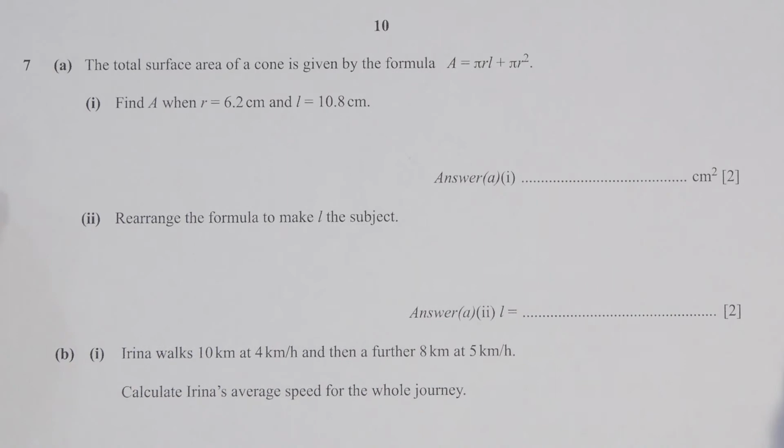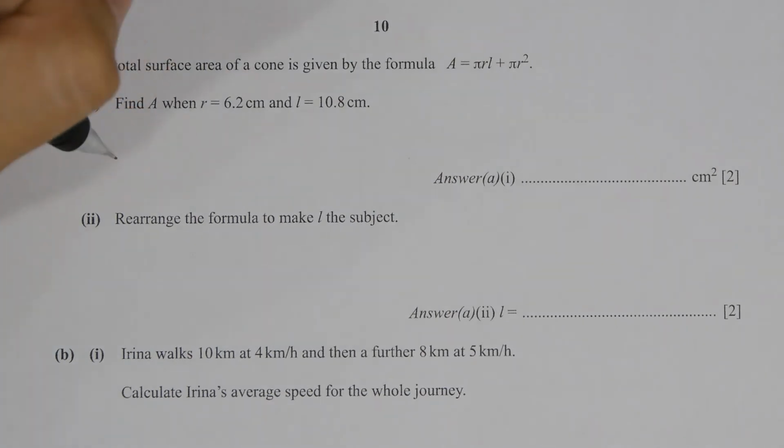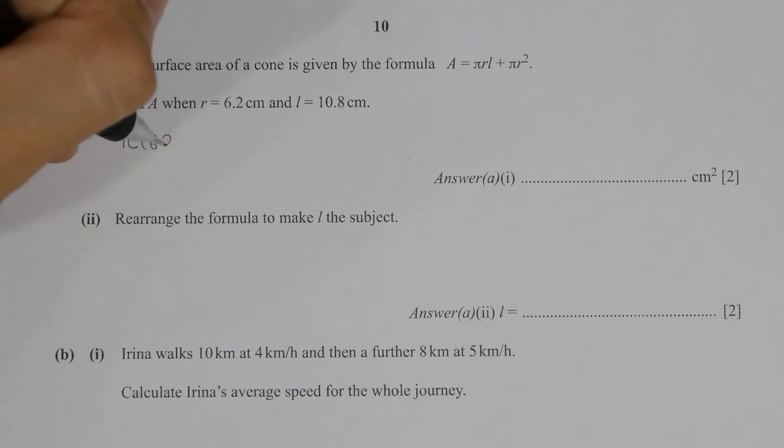For question 7a, simply substitute the values that were given into the formula. Then you'll find that the result will be 331.12 cm squared.